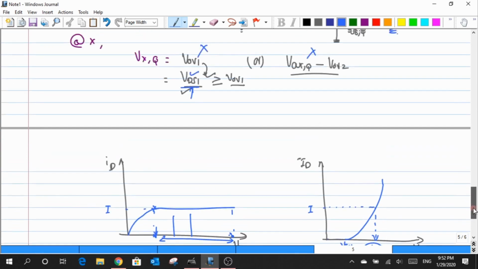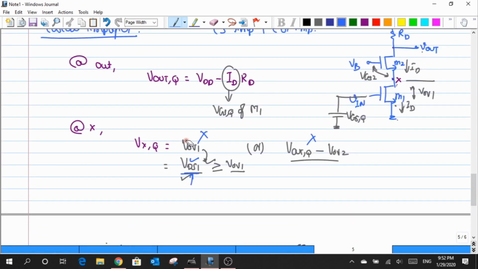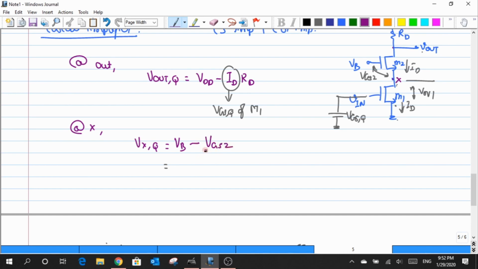So I would modify this definition of Q point at the node X with respect to this VB as VB minus VGS2. Again, this VGS2 is a single value that has to be defined in order to make the current ID flow through the device. It's not a range of values like we had.